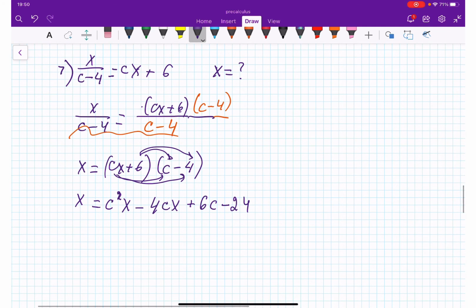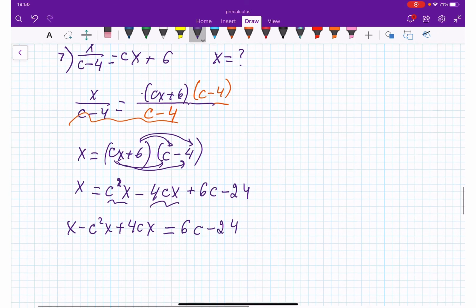So we have here x, c squared x, and 4cx. Both of them are moving to the other side. x minus c squared x minus 4c plus 4cx equals 6c minus 24.